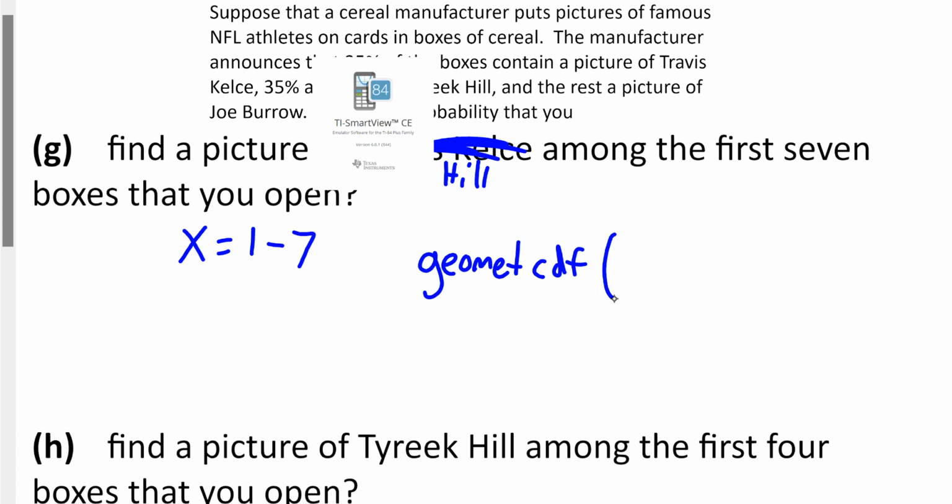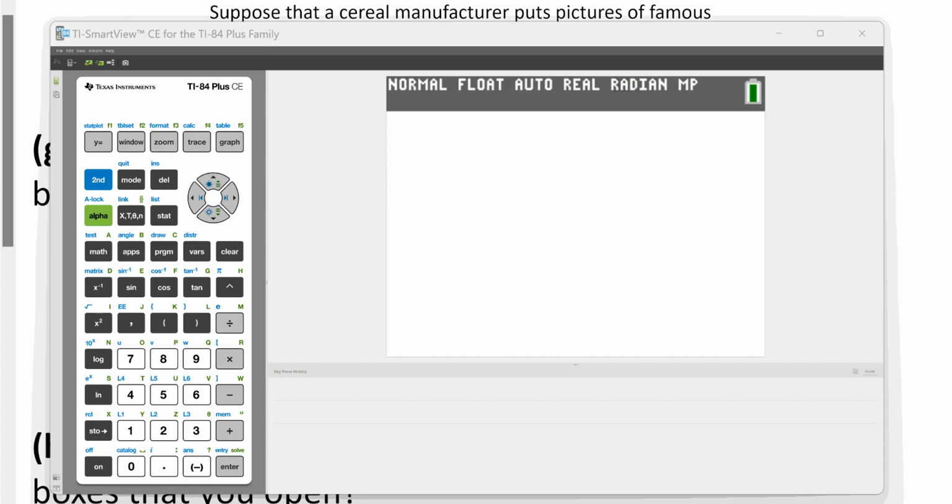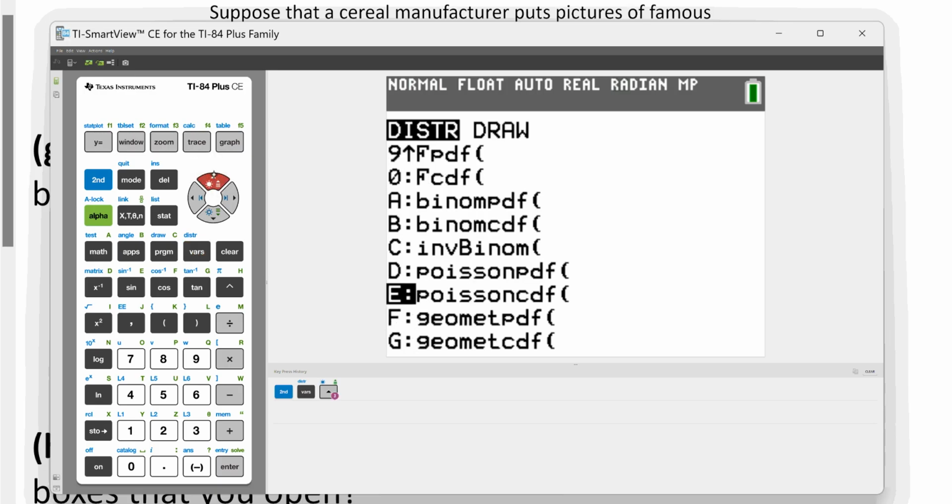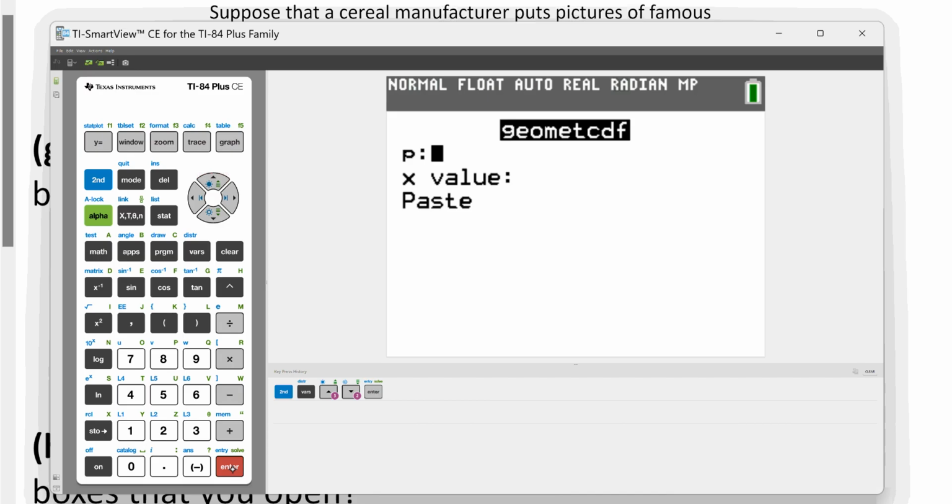Okay? So let's go to 2nd VARS, all the way down to the bottom, geometcdf. All you need is the probability of success, which we said the probability that we'll get a Tyreek Hill was 0.35, right? We want to get it within the first 7, so that's going to be my X value.